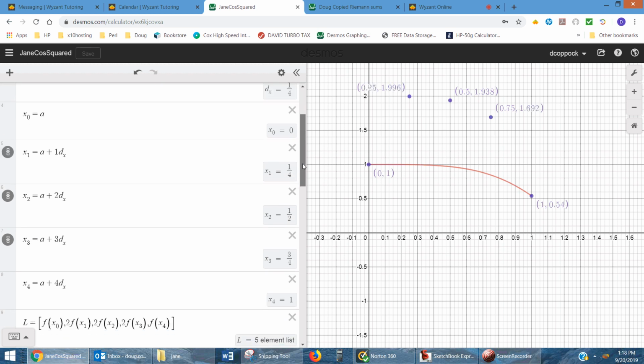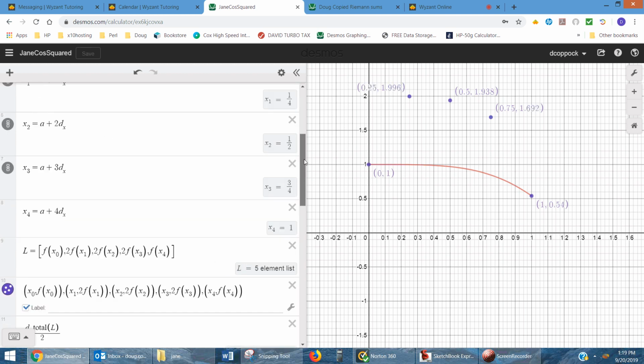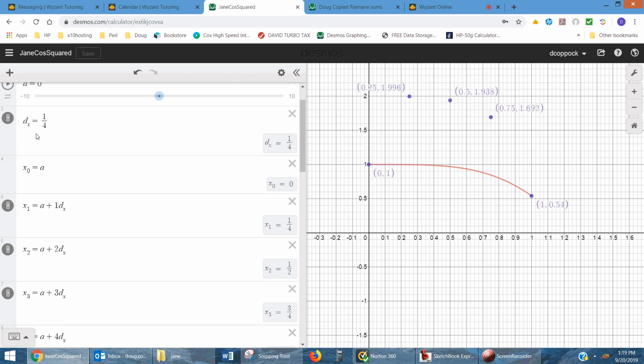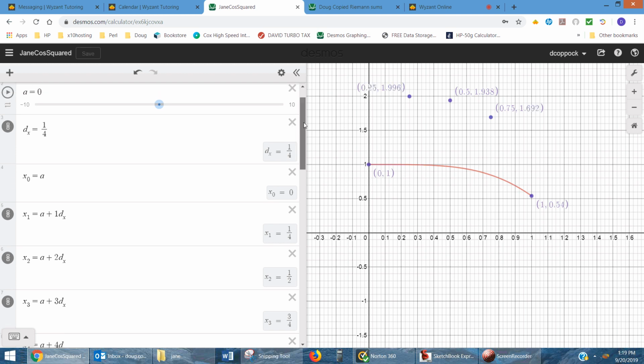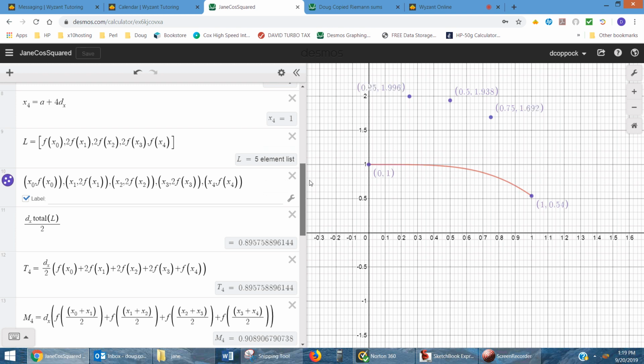And then I've gone to the trouble to calculate x sub 0, x sub 1, x sub 2, x sub 3, x sub 4 by adding d sub x, or delta x, the correct number of d sub x's to the starting point A. And by the way, d sub x is, where did I define d sub x? Right here. It's 1 minus 0 divided by 4. It's 1/4.